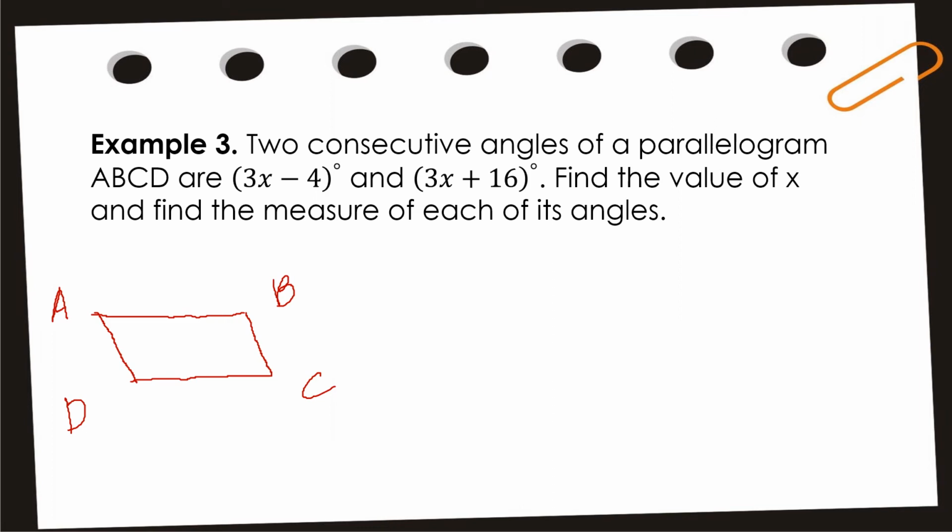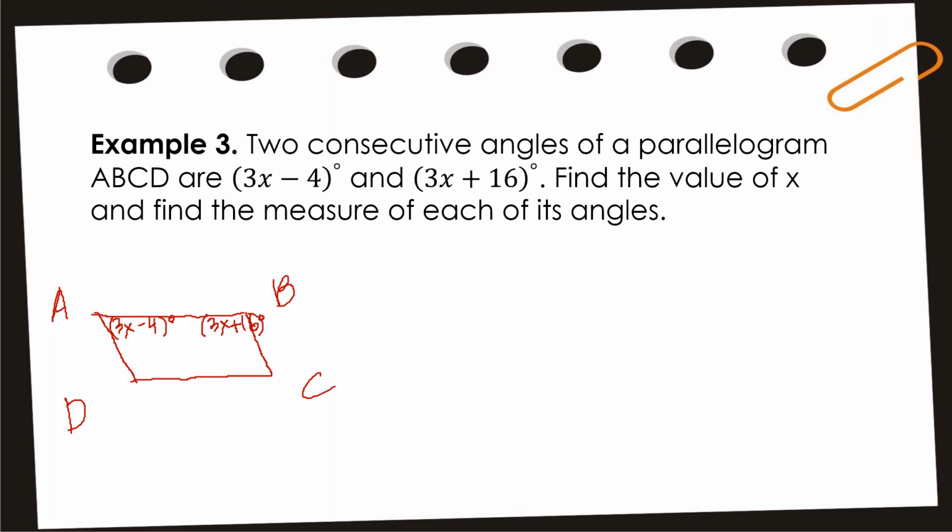Let us first choose two consecutive angles. So let's say we have angle A and angle B. Let's say that angle A measures 3x minus 4 degrees and angle B measures 3x plus 16 degrees.